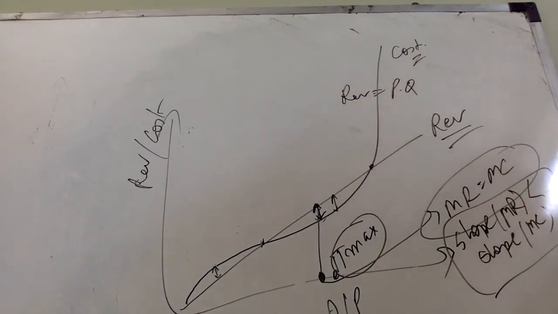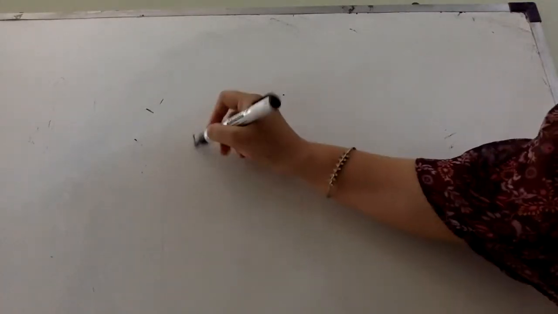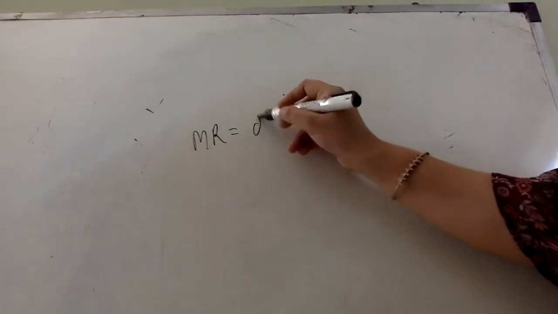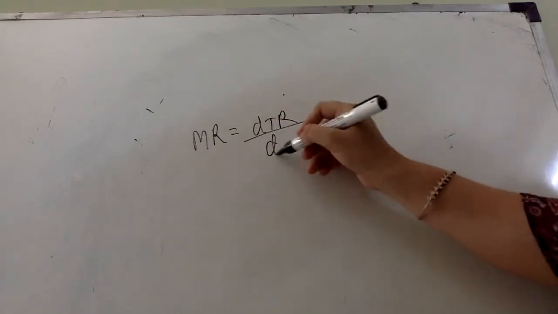Alright, next I will explain marginal revenue in a little more detail, and we'll understand the relation between MR and the elasticity of demand. Marginal revenue is simply the derivative of total revenue with respect to quantity.